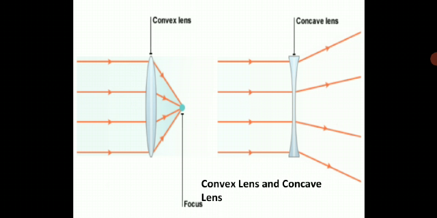You have to draw this diagram also in your notebook, children, so that you know why the convex lens is called a converging lens and why the concave lens is called a diverging lens, because the light rays which fall on them will merge in the convex lens and will get scattered in the concave lens. They will go in different directions in the concave lens. I hope this is clear and you are drawing it in your notebook.